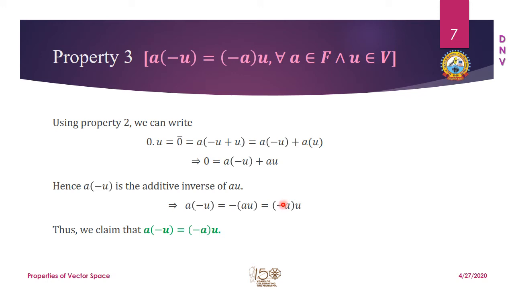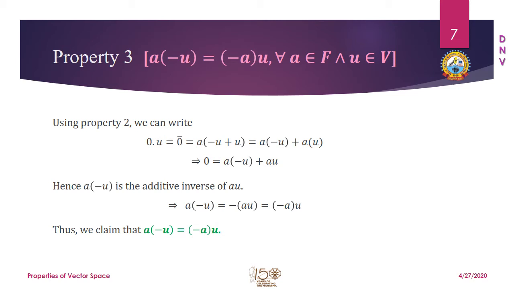So using the associativity of real numbers, minus 1 multiplied by a is kept within the bracket and u is taken out. So here we can claim that the multiplication of a scalar with the additive inverse of a vector is equal to the multiplication of the additive inverse of a scalar with the vector. So this is another important property, number 3.